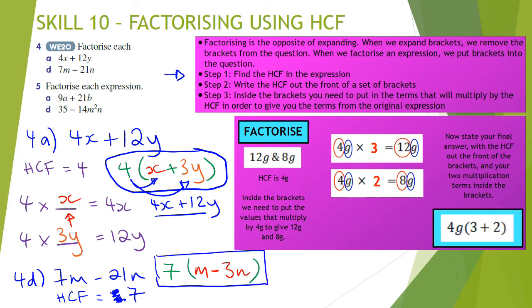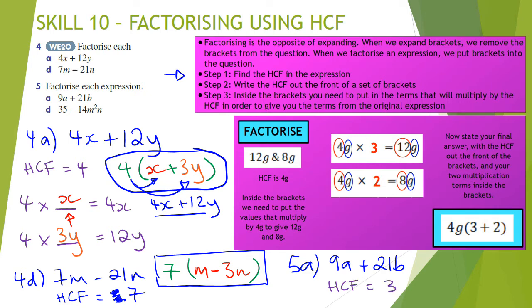If we wanted to check that, 7 times m gives 7m, 7 times negative 3 gives negative 21 with the letter n on the end. If we do one more, let's look at 5a. 9a plus 21b. The highest common factor equals 3.